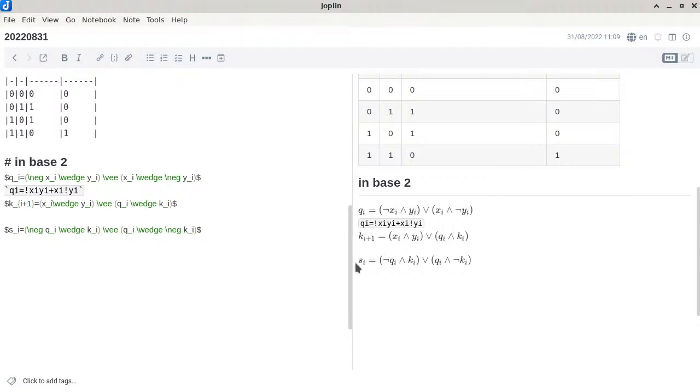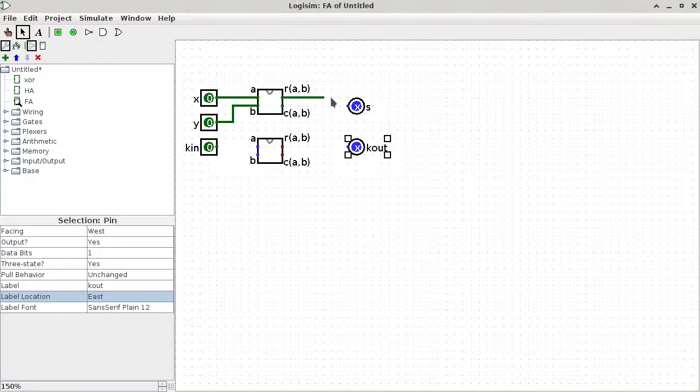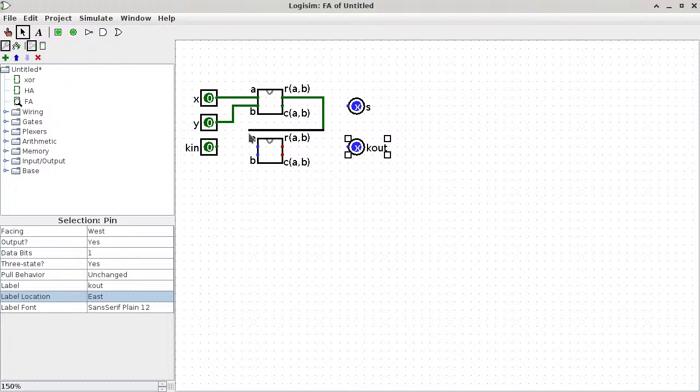Is that okay? So now we know how to wire this thing up, because now we say, oh, that Q in return is going into one of the inputs of the second half adder, and then K in is the other input into the other half adder, and then the R of that thing turns out to be this thing that we need here. Is that okay?